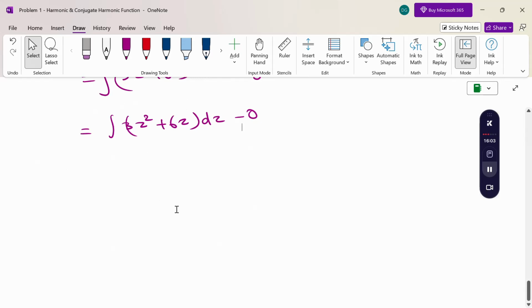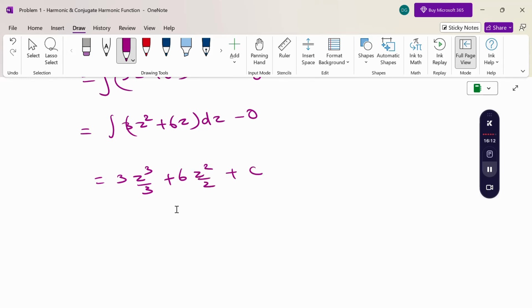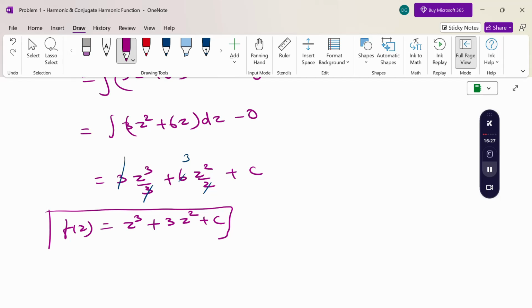Integrating the first term, 3 constant, z square integrates to z cube by 3, plus 6z integrates to z square by 2, plus the constant. Now cancel the 3 and 3 times, therefore z cube plus 3z square plus c. See, this is a function of z.